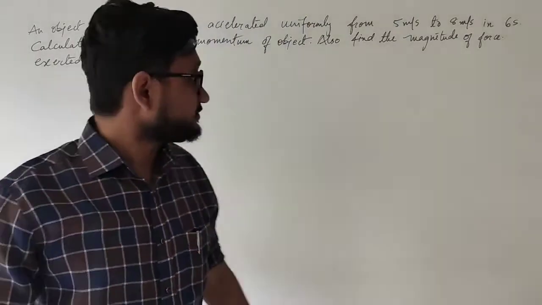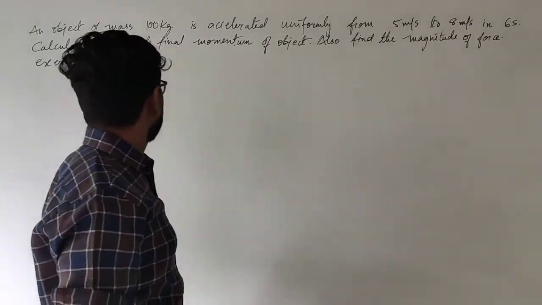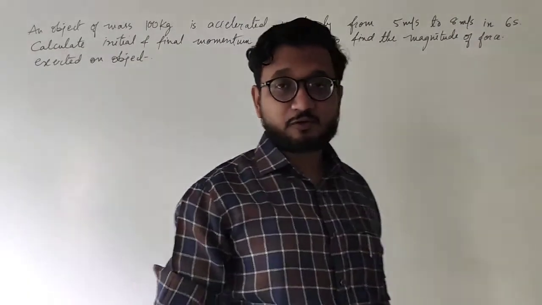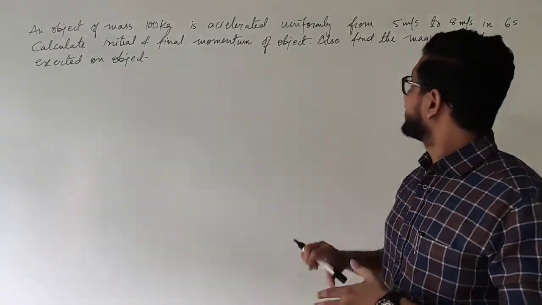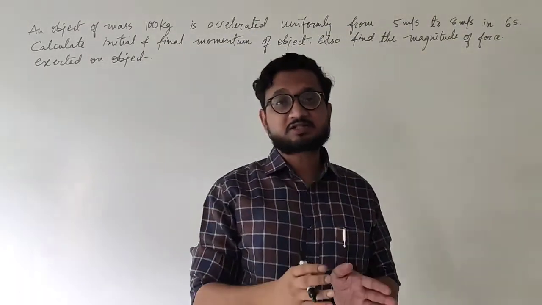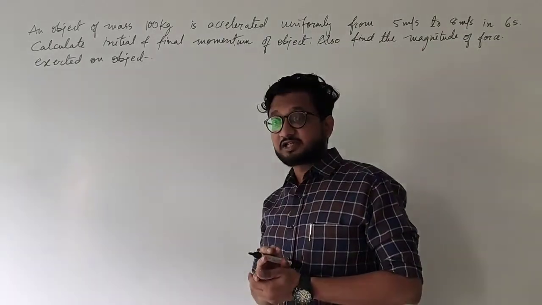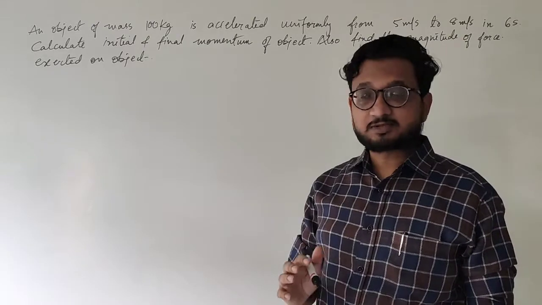Simple. But the next part of the question is also find the magnitude of force exerted on the object. So you need to find the force exerted. Because if the force is not exerted, then its velocity is not going to change. So what is the force that has been applied so that its velocity or its momentum is changing? Let's start with the simple steps first of all.